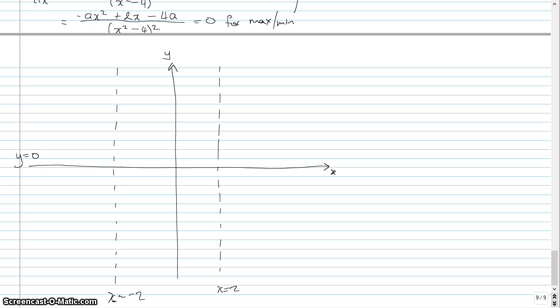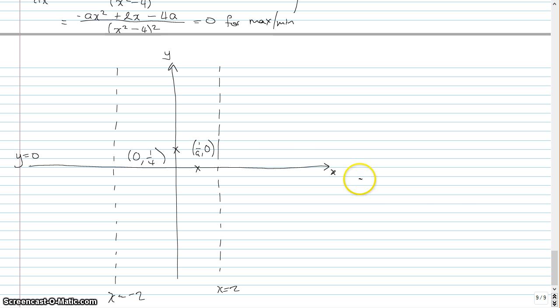We've got a y-intercept at (0, 1/4), and we've got an x-intercept at, what was it, (1/a, 0).